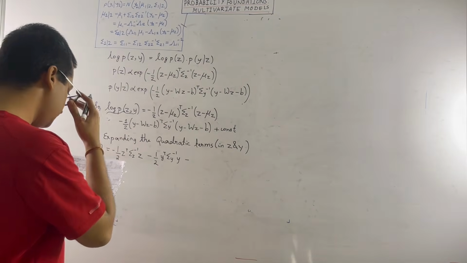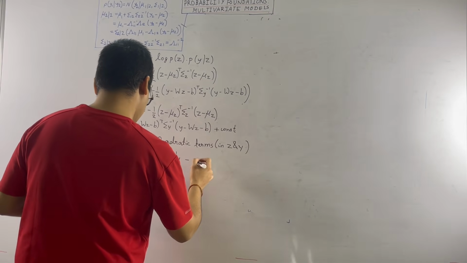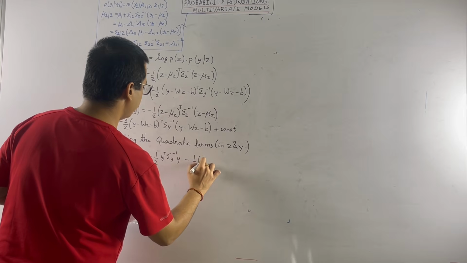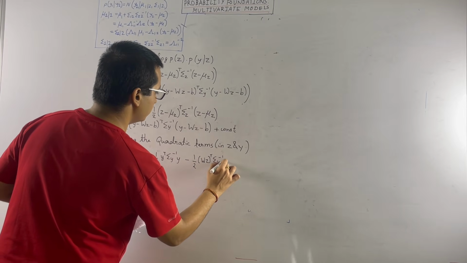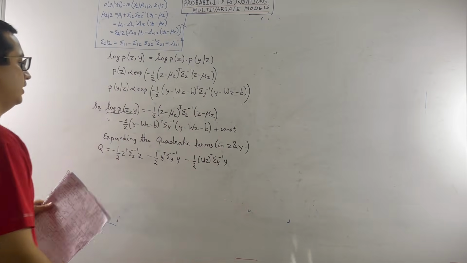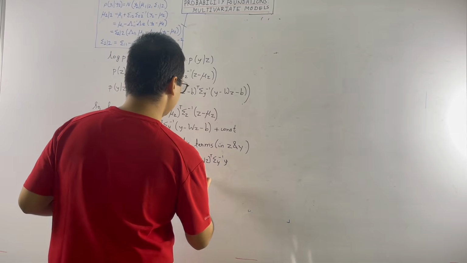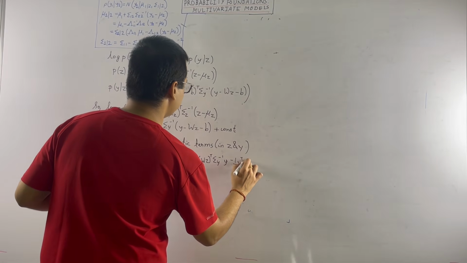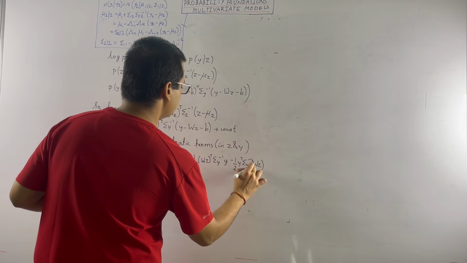Okay, so for that, what I get is, for the first one, W_z transpose Sigma_y inverse y, and another term is basically minus half y transpose Sigma_y inverse W_z, all right?